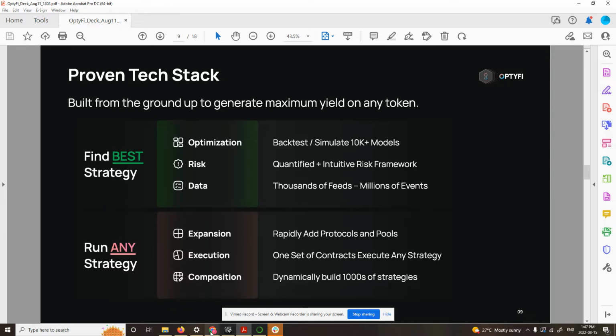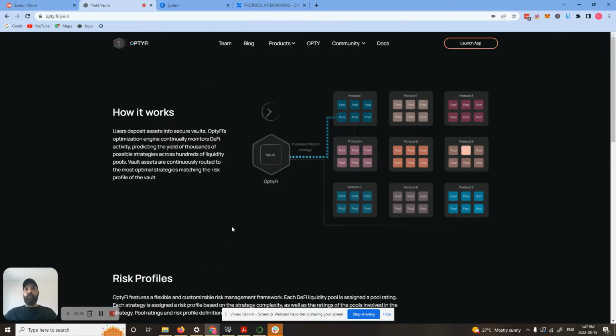But before we do that, the end goal we wanted to achieve is summed up in this picture. We wanted a user to be able to deposit their assets into an OptyFi vault, and then over time the vault will keep placing the assets into the most optimal strategy, optimal by risk, returns, incorporating gas costs, transaction costs, etc. In other words, do all the heavy lifting so the user doesn't have to.